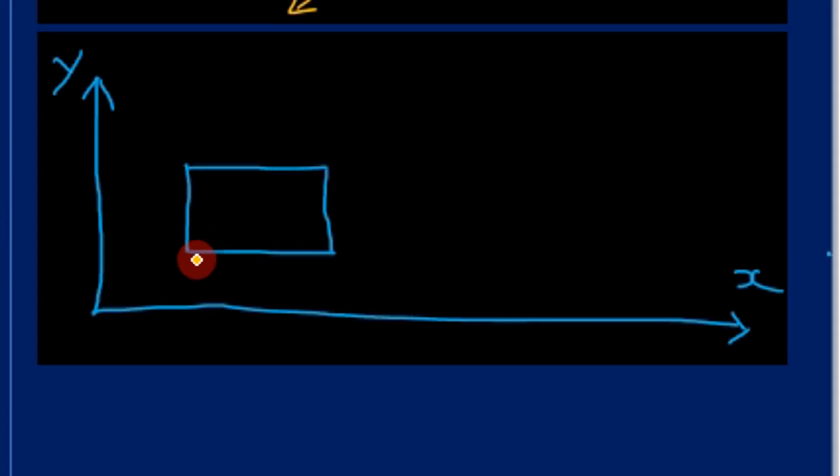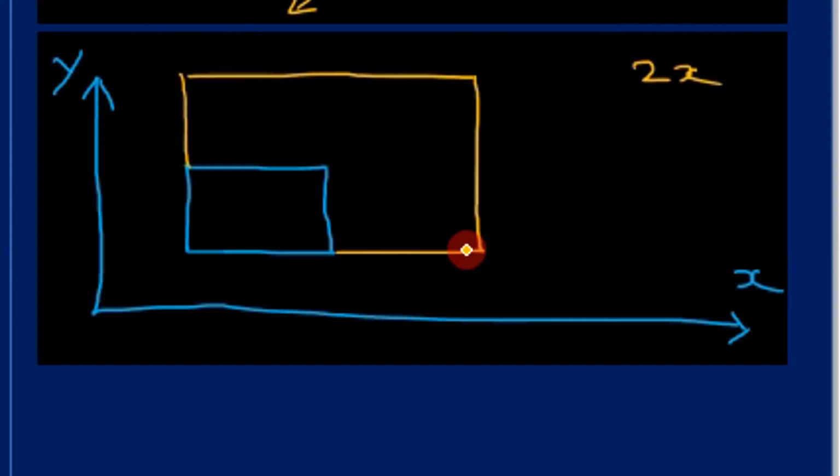So let's state that we are scaling this rectangle in x and y direction, and the scale factor is 2x. So the object will be scaled. So this is the new one. So the old rectangle will get scaled in both x as well as y direction, and you can see how it got scaled here.